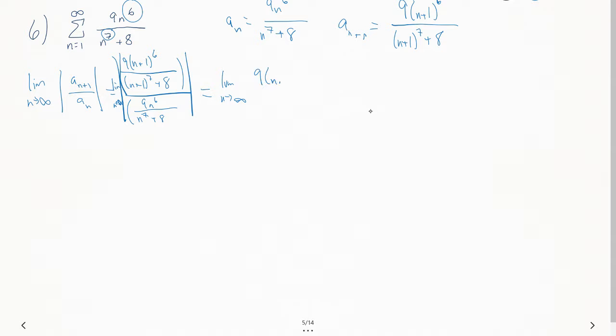You get 9 times n plus 1 to the 6th over 9n to the 6th, which will be a little easier for us to take the limit of. And in the second case, you get the limit as n goes to infinity of n plus 1 to the 7th plus 8 over n to the 7th plus 8.